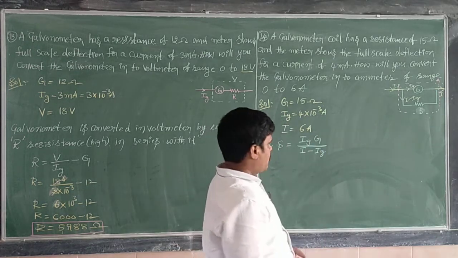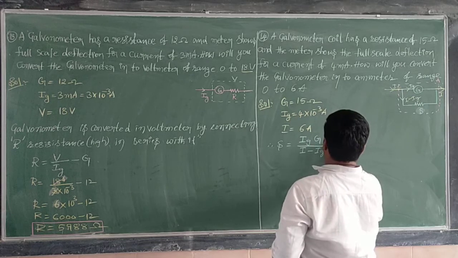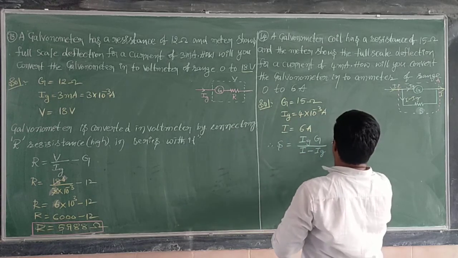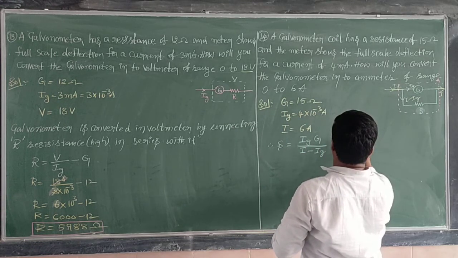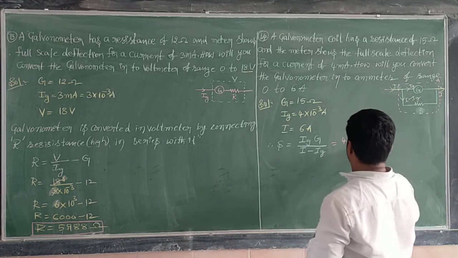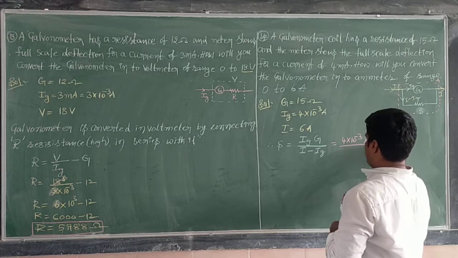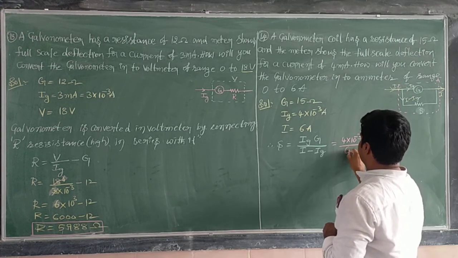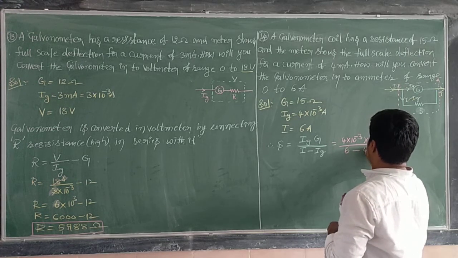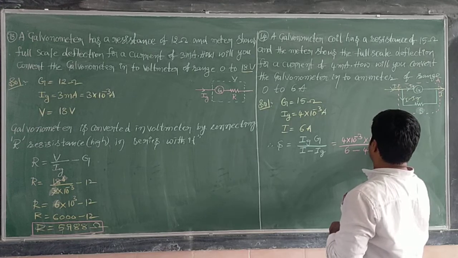Now Ig is 4 into 10 power minus 3, G is 15, divided by I, which is 6, minus 4 into 10 power minus 3.